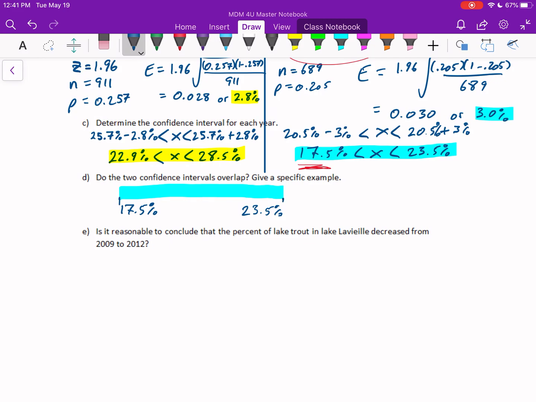Our interval, it goes from there to there. And that was in the year 2012. Then back further in the year 2009, we had the range from 22.9 to 28.5. So 22.9 on this scale would be somewhere around here.